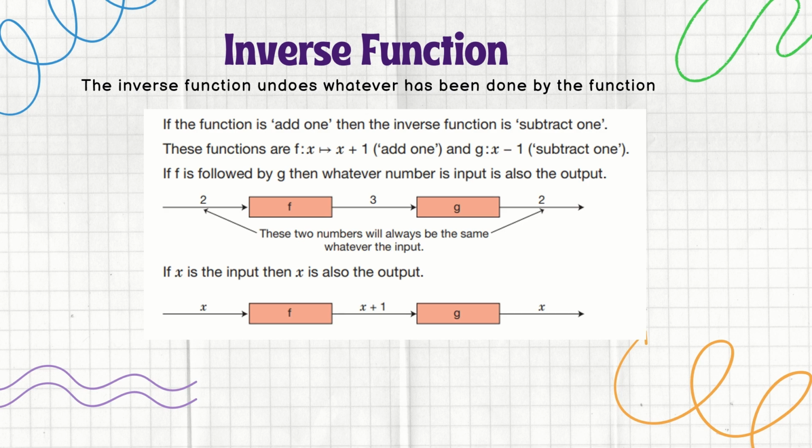And g(x) is x minus 1, subtract 1. So if f is followed by g, then whatever number is input is also the output, because the g function undoes everything that the f function did. So if x is the input, then x is also the output.